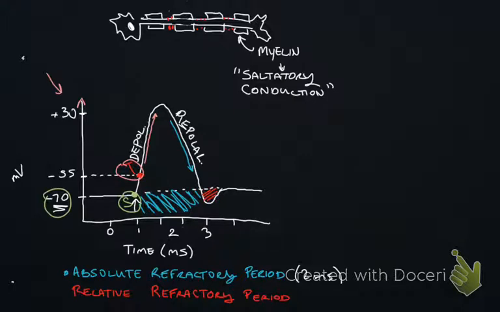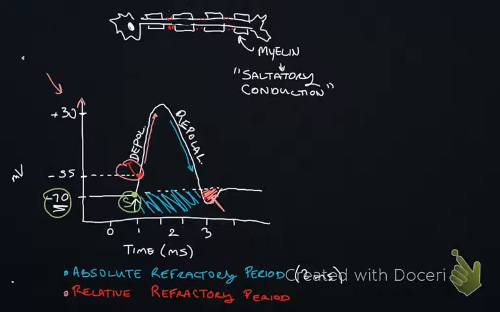Now, the other word is relative refractory period, and that is located here. So after we've repolarized and we actually drop below resting membrane potential, which is -70, if the stimulus is big enough, you can have another action potential during this time period. That's only if the stimulus is big enough.